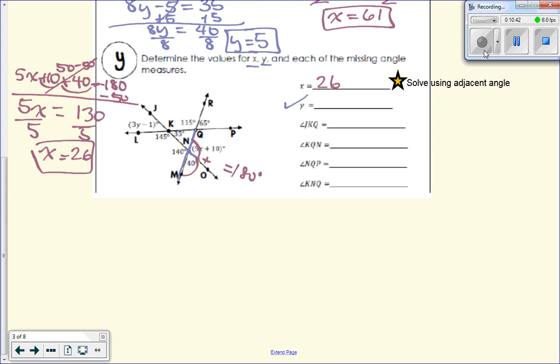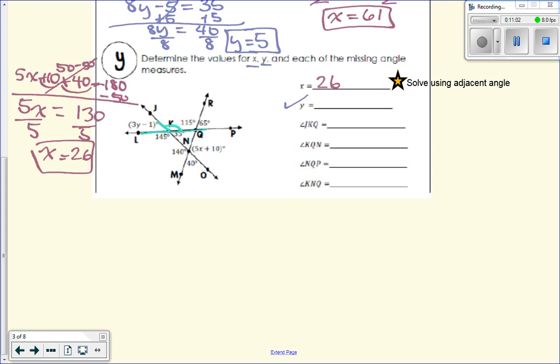To solve for angle y using adjacent angles, angle y is here, and again, notice that it lies on a straight angle.